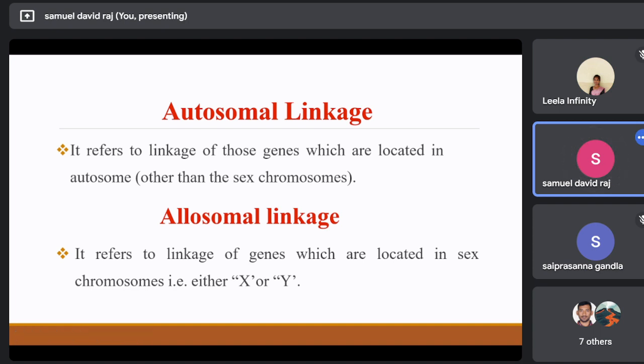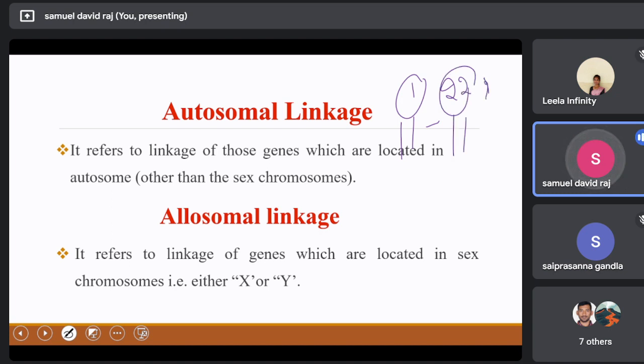Okay. The second one is based on the type of chromosome involved. Linkage is of two types: autosomal linkage and allosomal linkage. That means we have 22 pairs of autosomes and one pair of sex chromosomes, XX in female, XY in male.